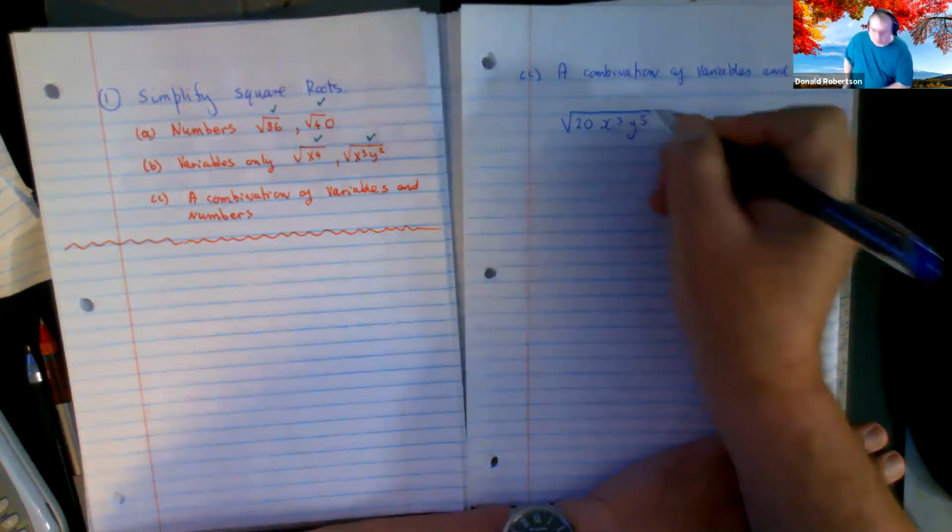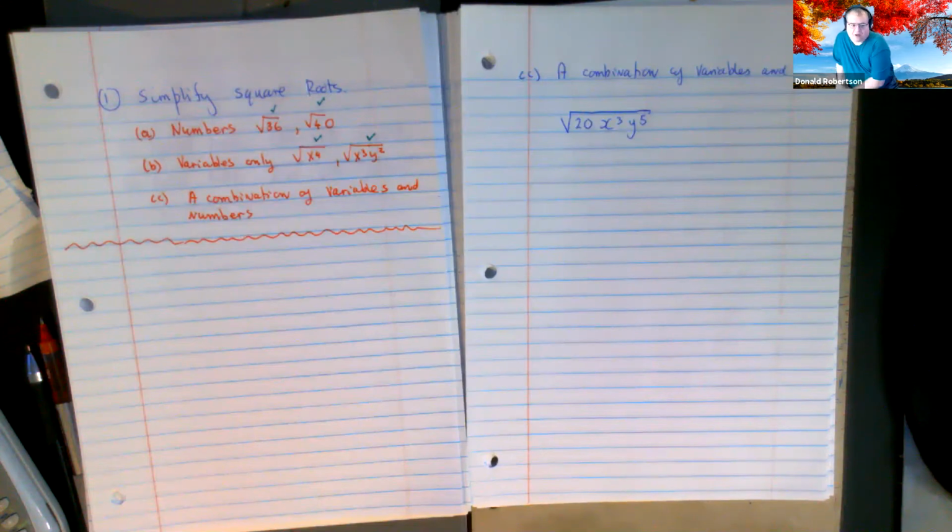There's an example of a question that has those things. It's going to have numbers and variables together. So the square root of 20x cubed y to the 5, right?